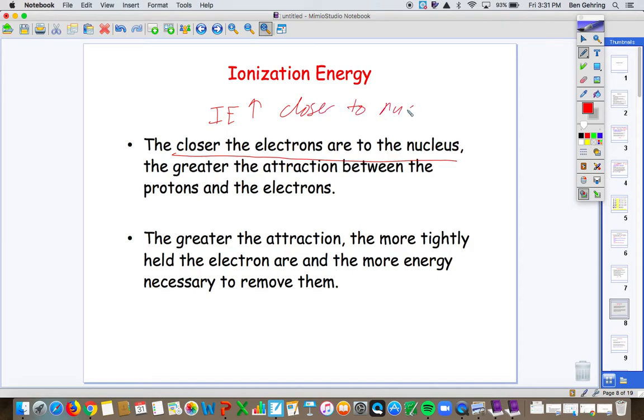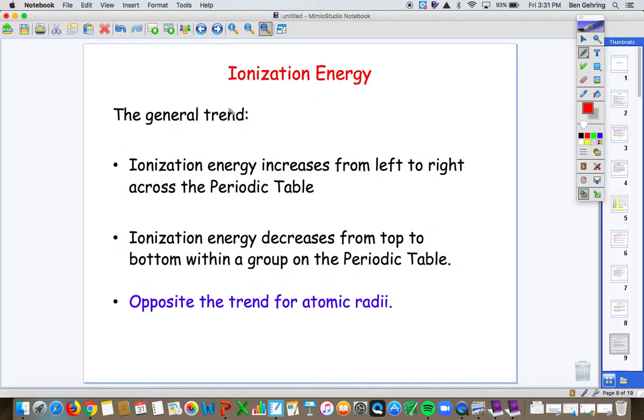That means that your elements in period 2 are going to have a higher ionization energy than your elements in period 7 because they're in the second level versus the 7th level. They're closer. And so that's all this is saying: the greater the attraction, the more tightly it's held, the more energy needed to remove them.